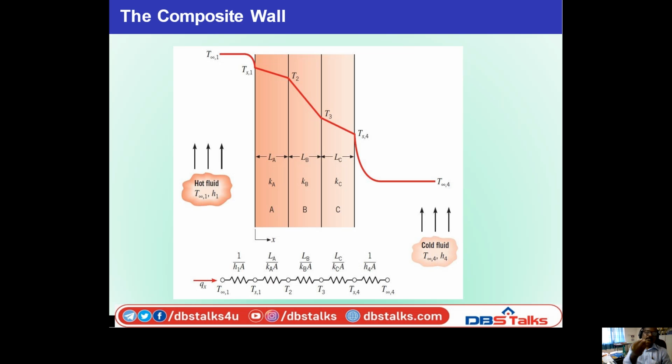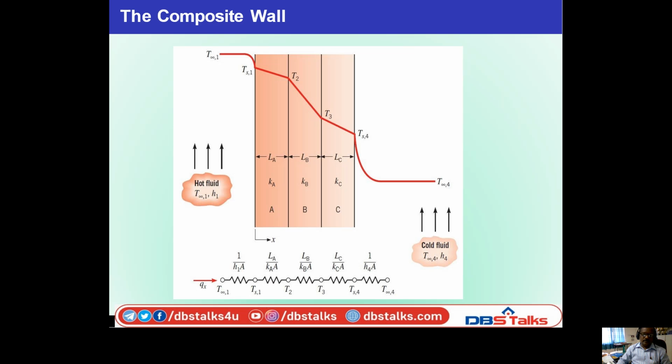Electrical analogy means the heat transfer is converted into thermal resistances. Outside the wall there is convection, and inside the wall there is conduction. So there are two convections and three conductive heat transfers, five in total. The starting point is T infinity 1, and there is a convective resistance 1 by H1A.